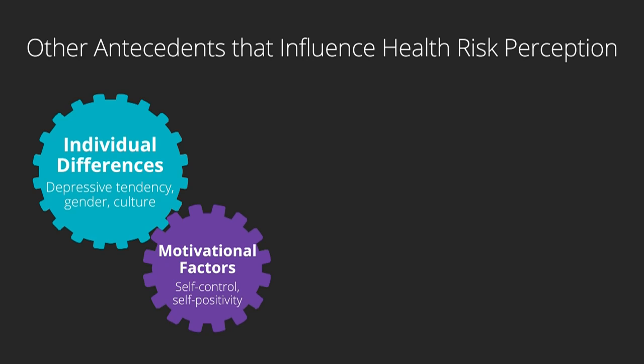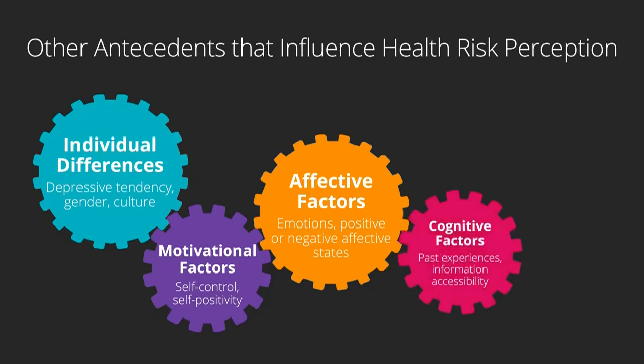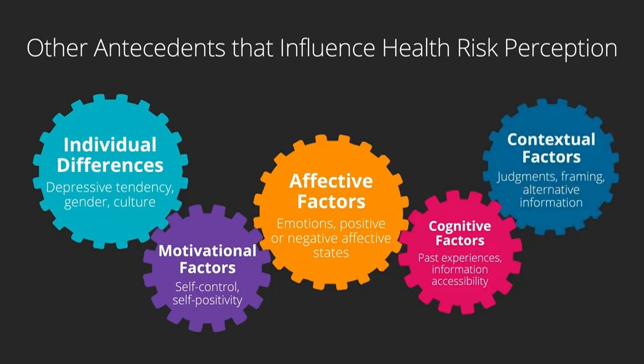Also by affective antecedents, such as emotions, positive or negative affective states. And also by cognitive antecedents, such as past experiences, information accessibility, and others. And finally, by contextual antecedents, such as judgments, alternative information, or framing.